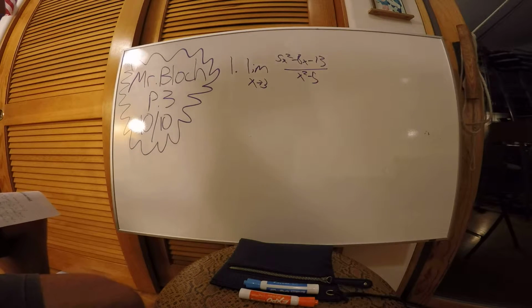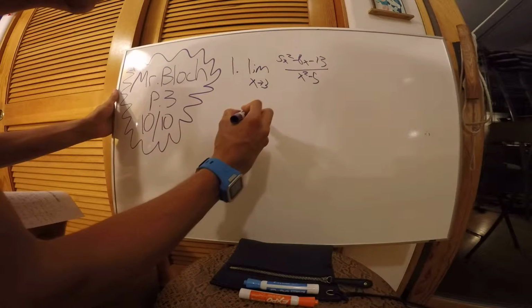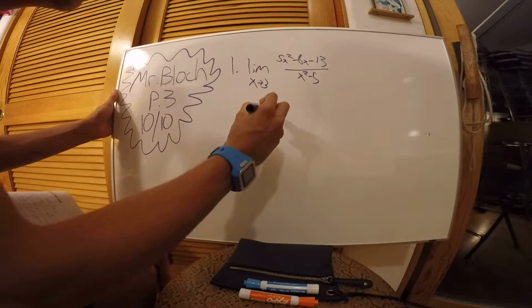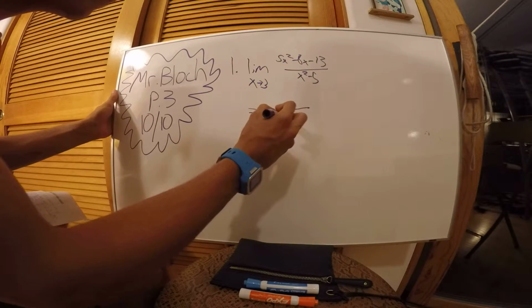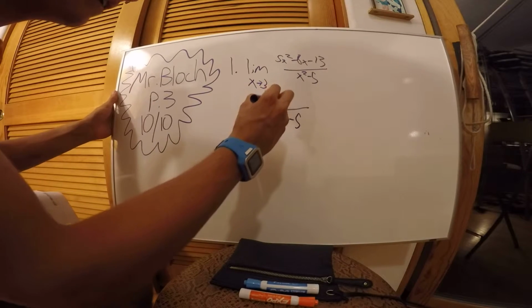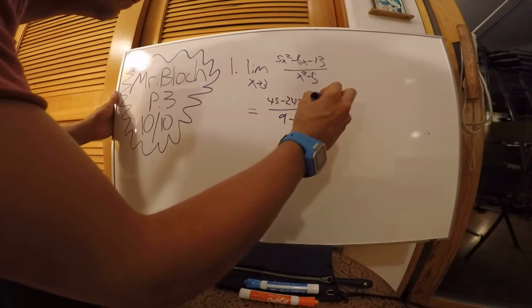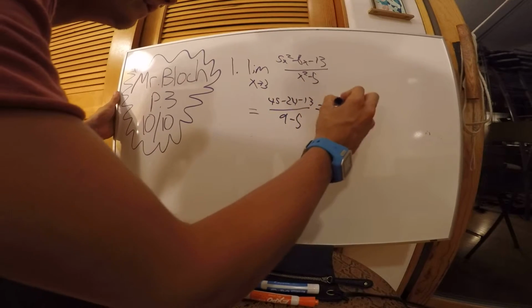So right off the bat, you know this is not undefined. So this is pretty much as easy as it gets. You just have to plug in 3 into all the x's. So down here, this would be equal to, in the denominator, 9 minus 5. Up here, it will be 45 minus 24 minus 13. This equals 8 over 4, which is equal to 2.